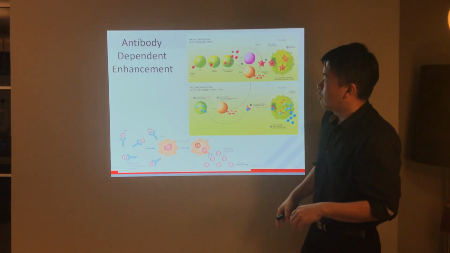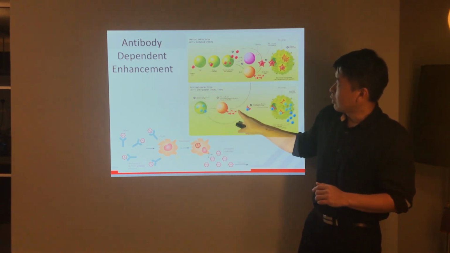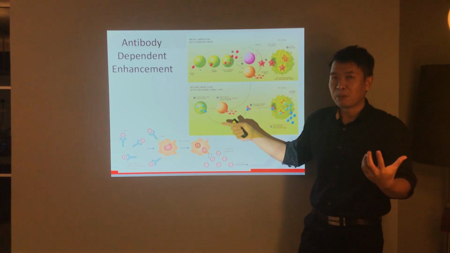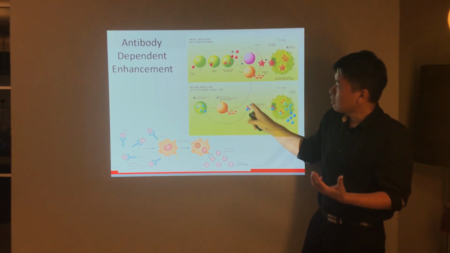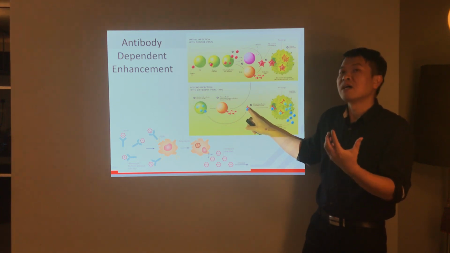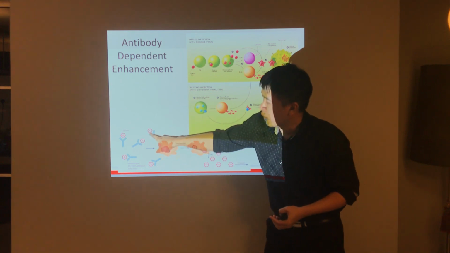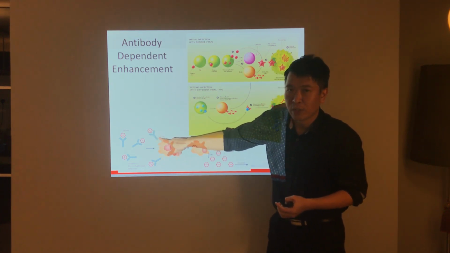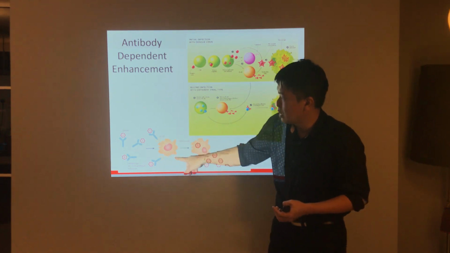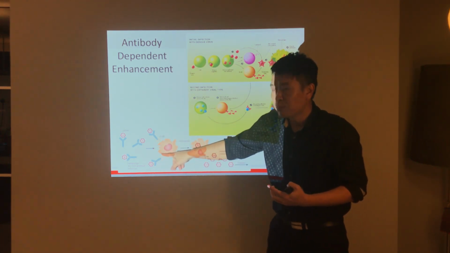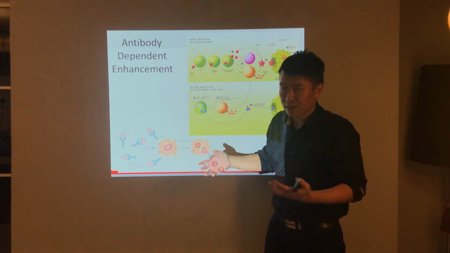So during the secondary infections, this red color is supposed to be the antibody that neutralizes dengue virus serotype 1, and now it partially neutralizes serotype 2. When this antigen is bound by antibody, it will bind to the Fc receptors on the APC, antigen presenting cells, such as monocytes, macrophages, dendritic cells, and so on.